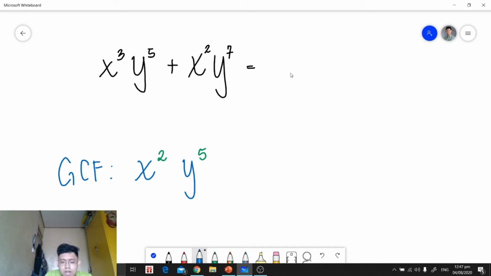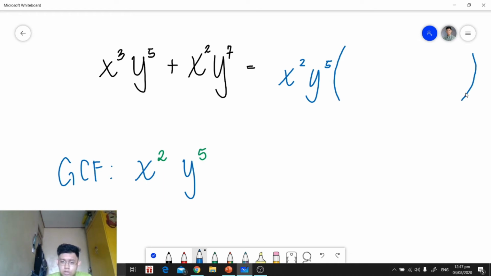Now, in factoring, we will factor out the greatest common factor, which is x squared y raised to 5. And then, we're going to have another grouping symbol. Inside the grouping symbol will be the remaining factor or the other factor. So, all we need to do is to divide the original terms by our greatest common factor. We're going to apply the laws of exponents, which is the quotient rule.